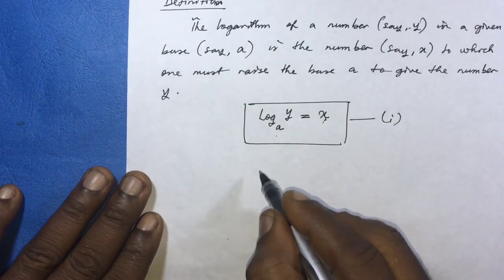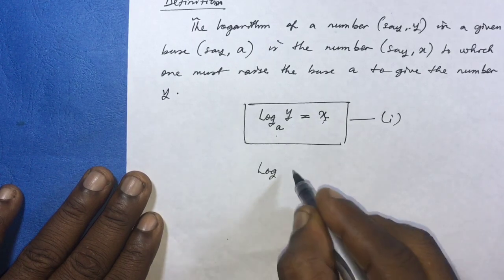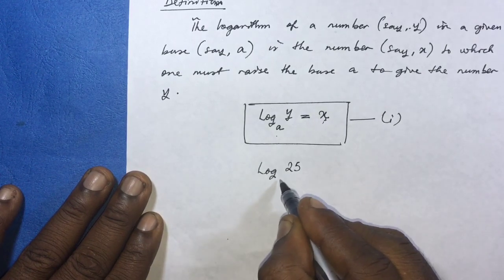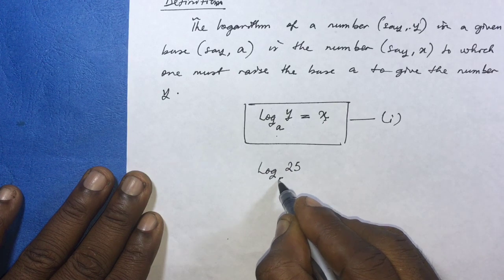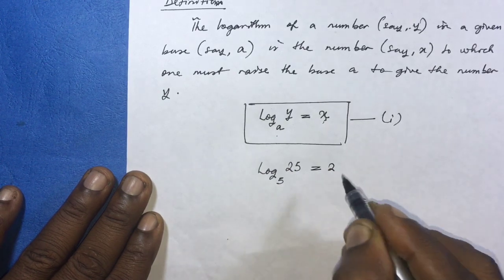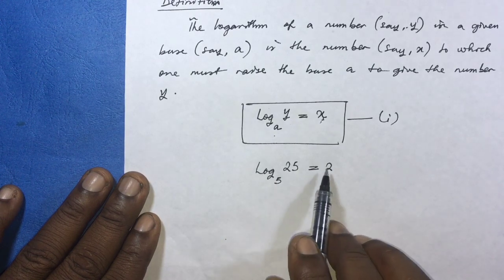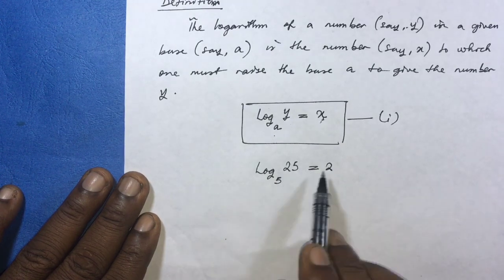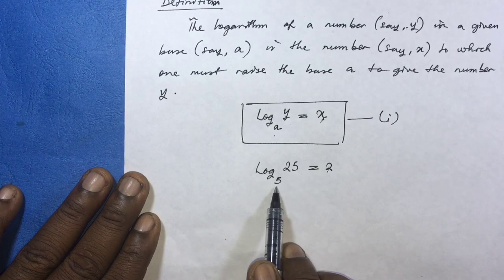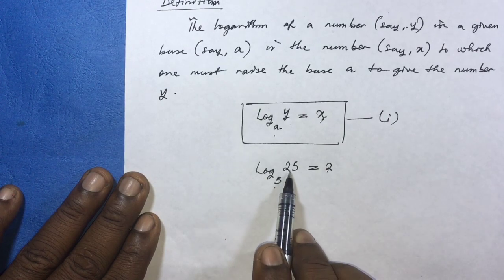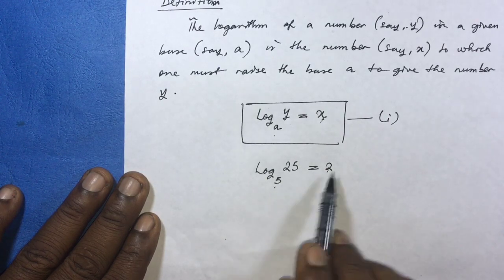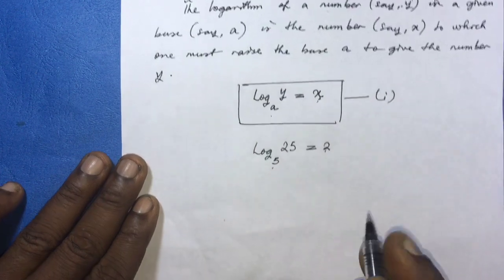For instance, the logarithm of 25 in base 5 is equal to 2. The only reason why the logarithm of 25 in base 5 is 2 is because 2 is the only number to which you would raise 5 to get 25. That is the reason why 5 raised to power 2 is 25.